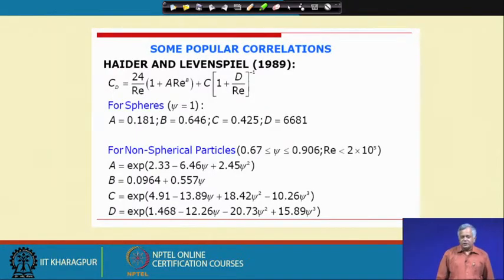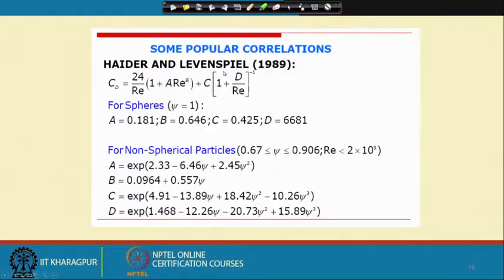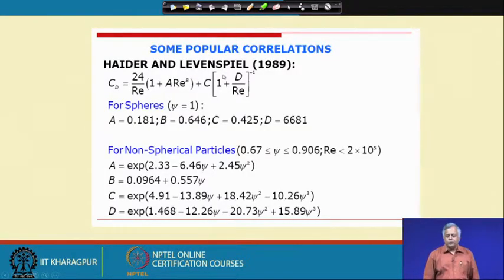Now, there are some popular correlations for predicting the settling velocity of non-spherical particles in a stagnant fluid medium. Some of them are highlighted here. One is Haider-Levenspiel. I do not want to trouble you with the complexities of these equations, but I would like to highlight one thing, that they are simply empirical in nature.